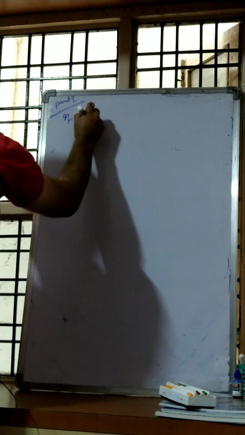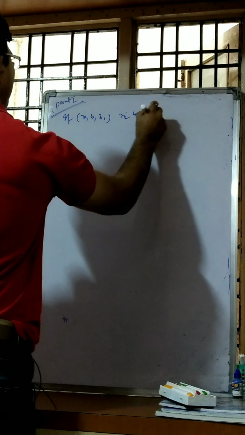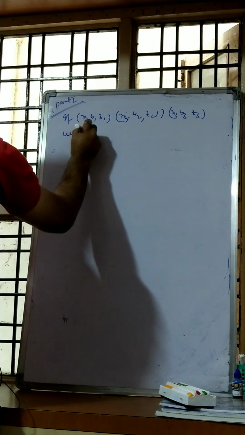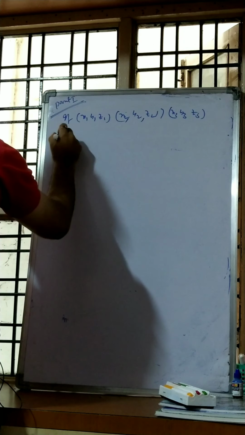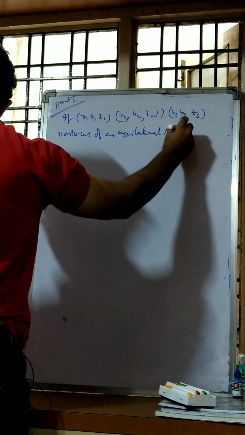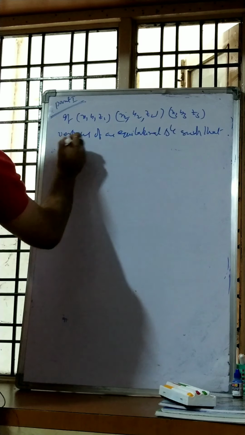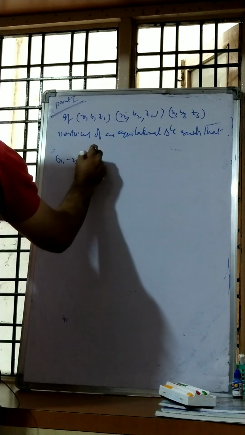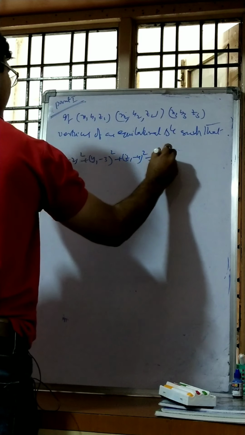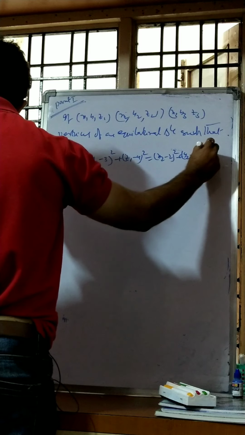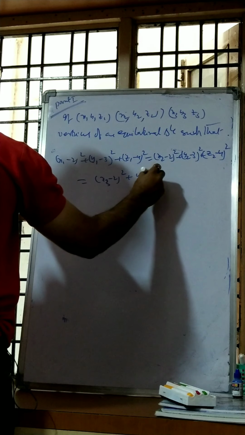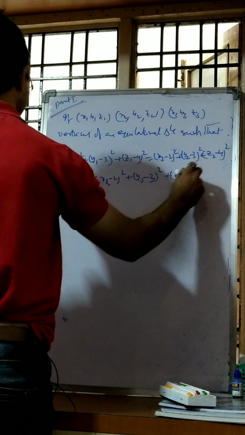See here, if (x1, y1, z1), (x2, y2, z2), and (x3, y3, z3) are vertices of an equilateral triangle, such that he has given (x1 minus 2) whole square plus (y1 minus 3) whole square plus (z1 minus 4) whole square is equal to (x2 minus 2) whole square plus (y2 minus 3) whole square plus (z2 minus 4) whole square, which is equal to (x3 minus 2) whole square plus (y3 minus 3) whole square plus (z3 minus 4) whole square, he has given.